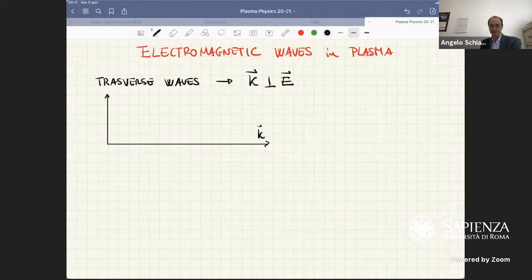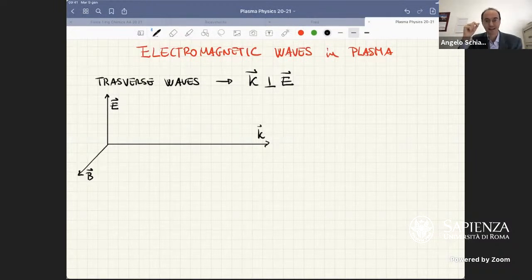If you remember, the property of the electric field and of the magnetic field for an electromagnetic wave is that the Poynting vector, the vector defined by E cross B, is telling us the direction in which the wave is propagating.